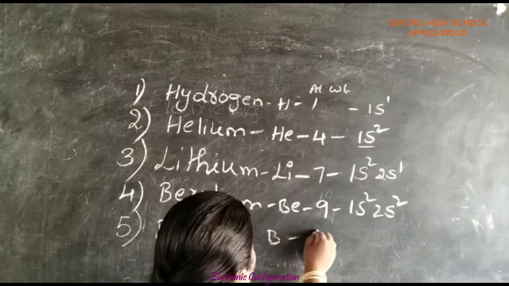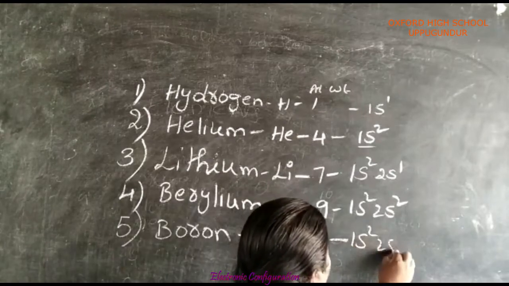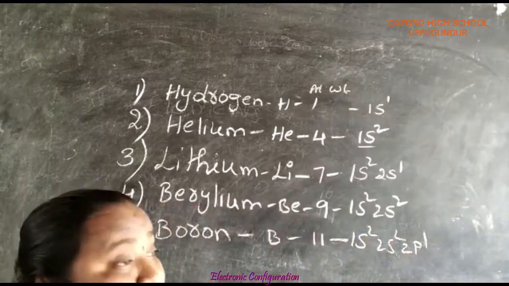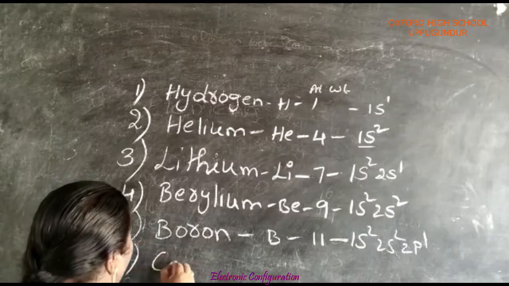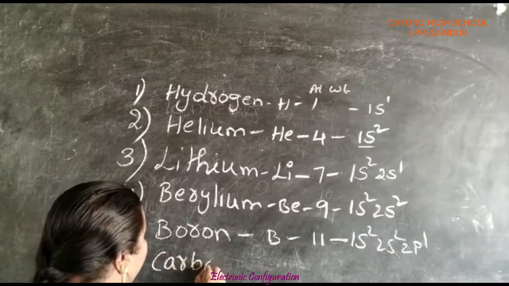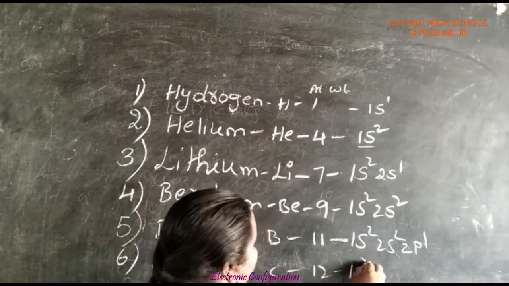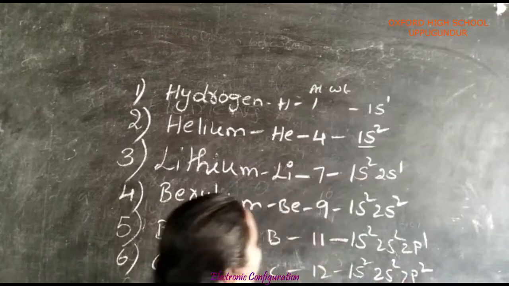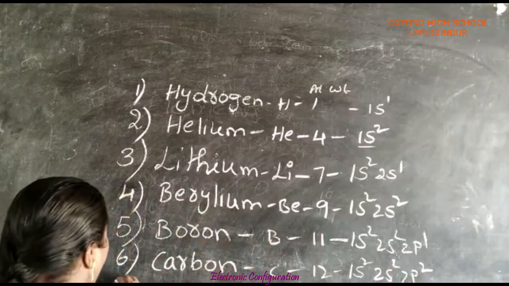Next one, boron. B. The atomic weight is 11. 1s2, 2s2, 2p1. Sixth one, carbon. C. 12. 1s2, 2s2, 2p2.